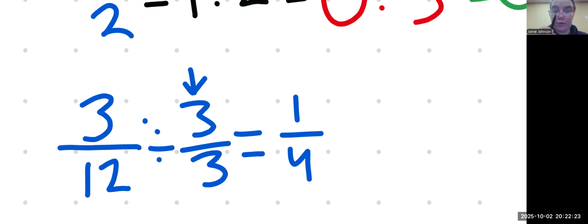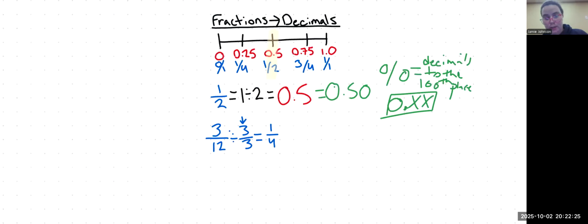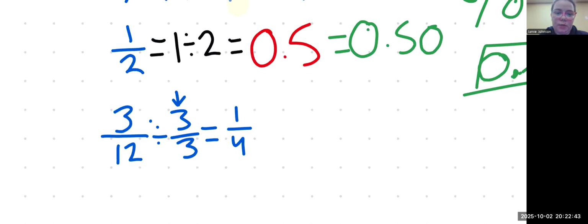So we are in fractions. Now that we're at a quarter, we can convert that over to decimals. Again, you can type it in your calculator, but you can also draw it out on our number line.